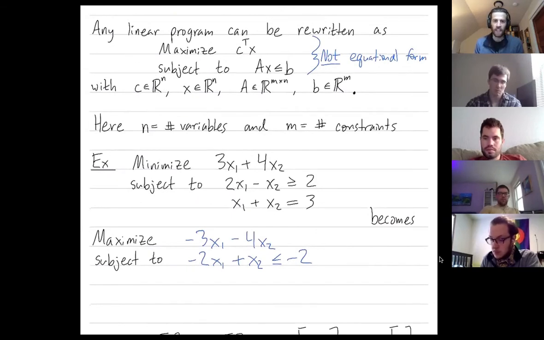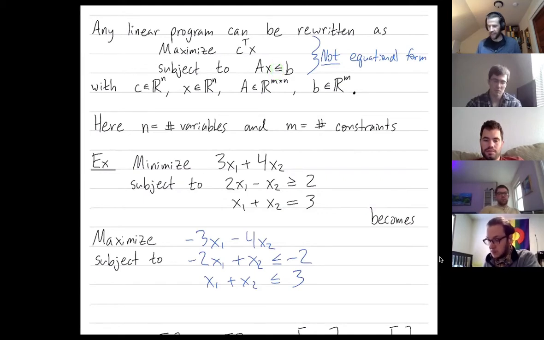This equality constraint right here, I turn into two inequality constraints. So that's equivalent to saying that x1 plus x2 is at most 3. And furthermore, x1 plus x2 is at least 3. But I don't want greater than or equal to's, right? I only want less than or equal to's.